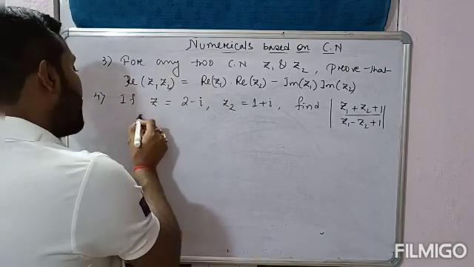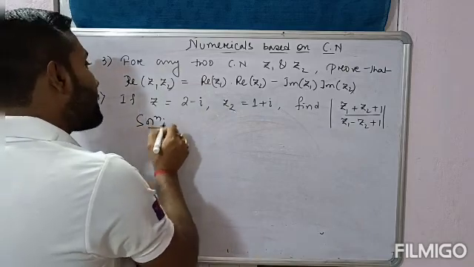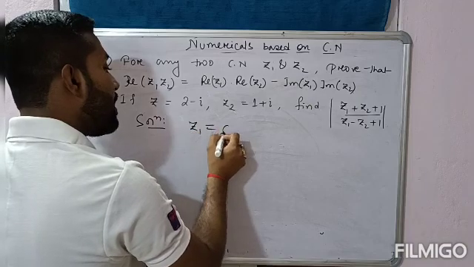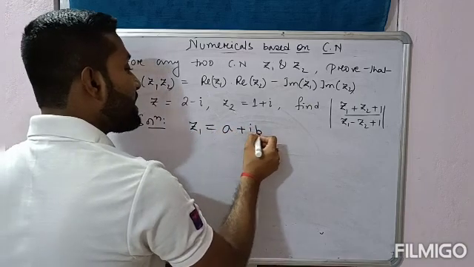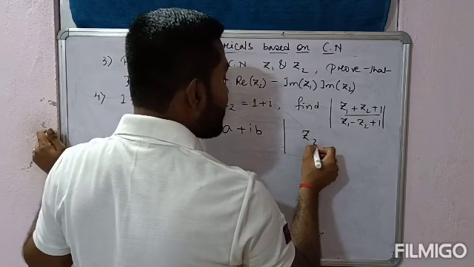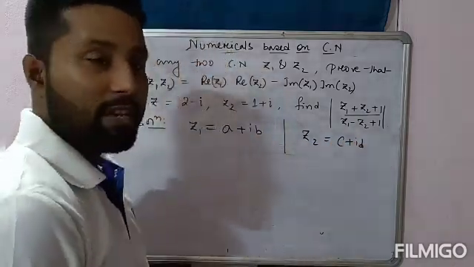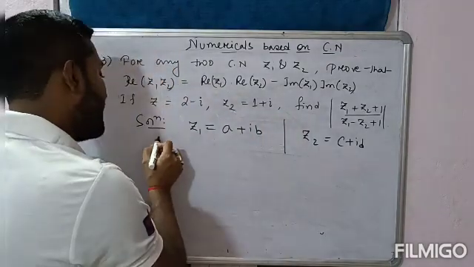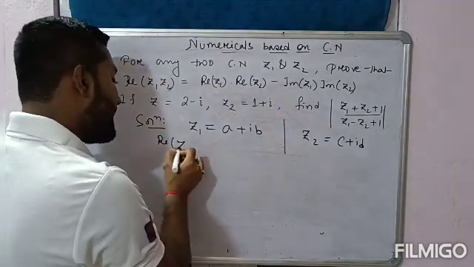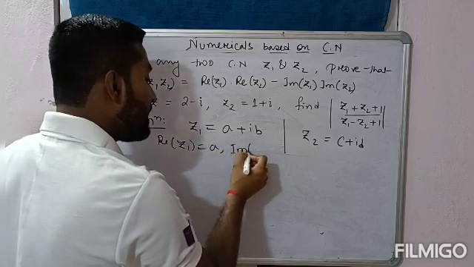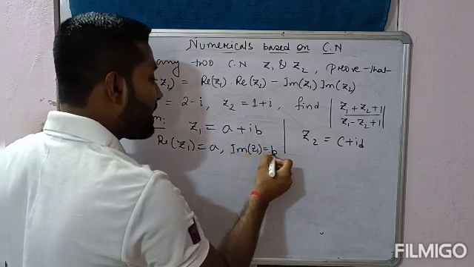ठीक है, सो सॉल्यूशन नंबर 3. Since z1 and z2 are two complex numbers, so let us consider z1 is equal to a plus ib and say z2 is equal to c plus id. Two complex numbers I have considered. Okay, so clearly from this complex number we can say that the real part of z1 is a, whereas the imaginary part of z1 is b.